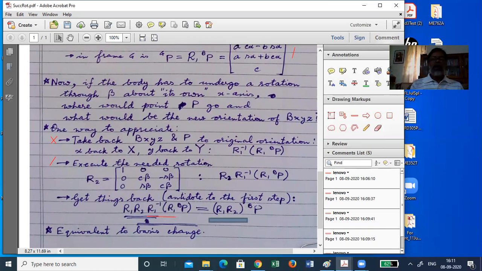That is the original position vector of the point P in the frame B itself. So that means that when the successive rotations R1 and R2 are specified in the turning frame, rotating frame, then the successive multiplications will be post multiplications, not pre multiplications. So this is the sense of it.